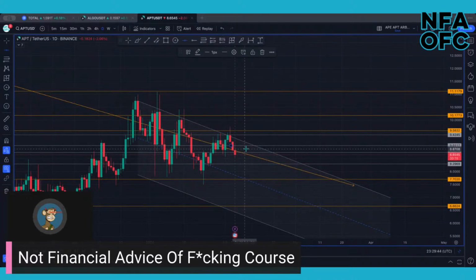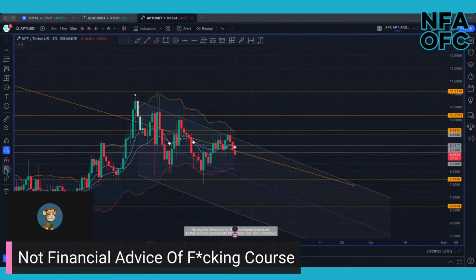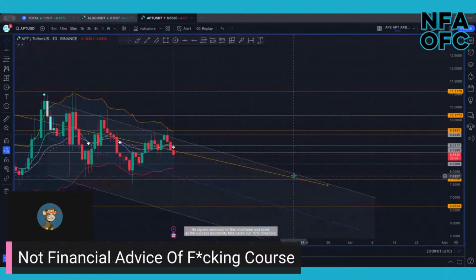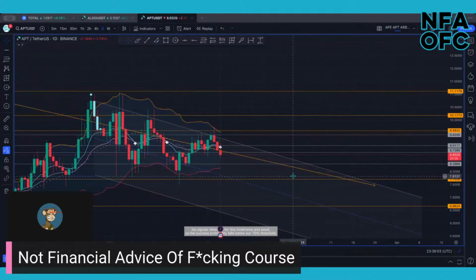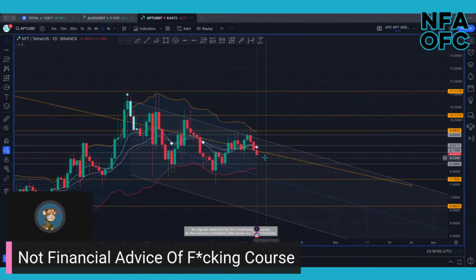On the micro bear, micro bull, we have to start seeing a curve here. If this curve is not here, we're not getting an entry here. We're on our way down still. We just got the cross from a micro bull. We're on our way down. So I'd wait for the retracement. If you're looking at trading this on the daily, I'd wait for a pull up and then I'd be shorted.